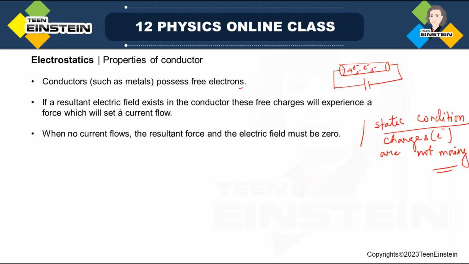See, if a resultant electric field exists inside the conductor, these electrons will experience a force and they will move, and that's how we get current as the electrons move. So there should be some resultant electric field inside that conductor, then only there will be a flow of charges and current. But if the electrons are not moving, what does that imply?